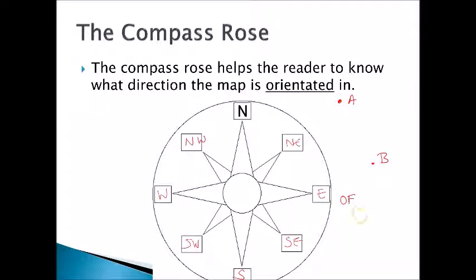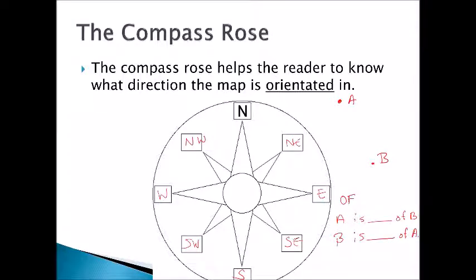Because if I was to say A is blank of B, it would mean something completely opposite from B is blank of A.